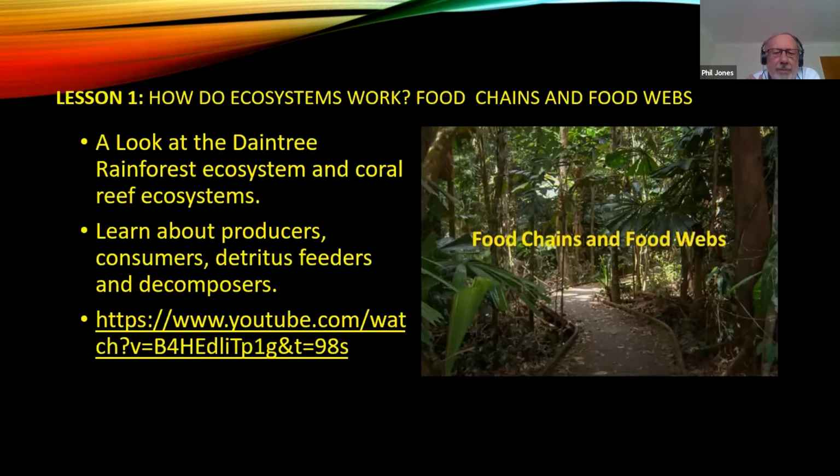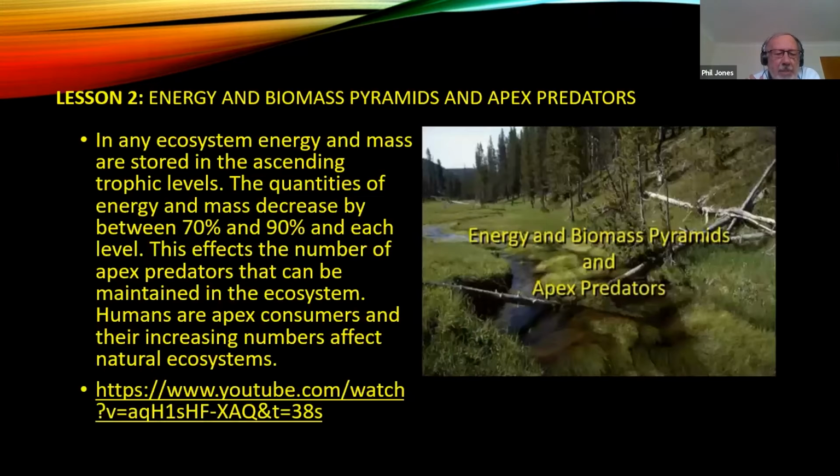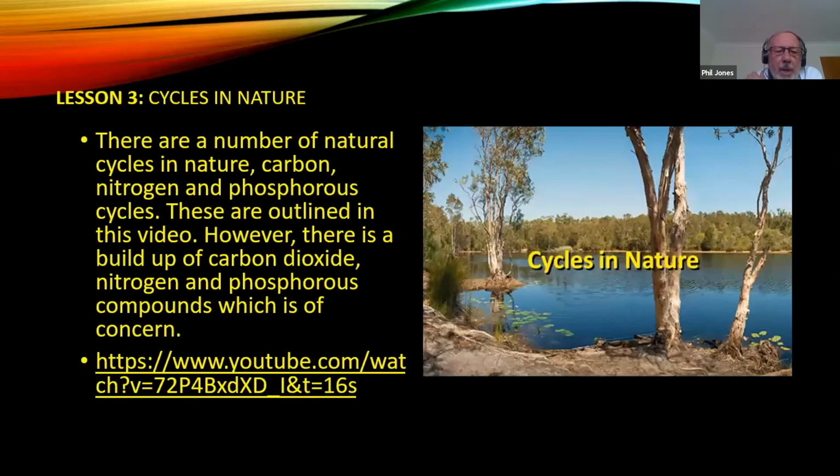So food chains and food webs, energy biomass, apex predators, and cycles in nature, although I've focused here on the buildup of carbon dioxide, nitrogen and phosphorus, rather than saying that they're just cycles. To some extent, they're actually pathways building up a bit of pollution.